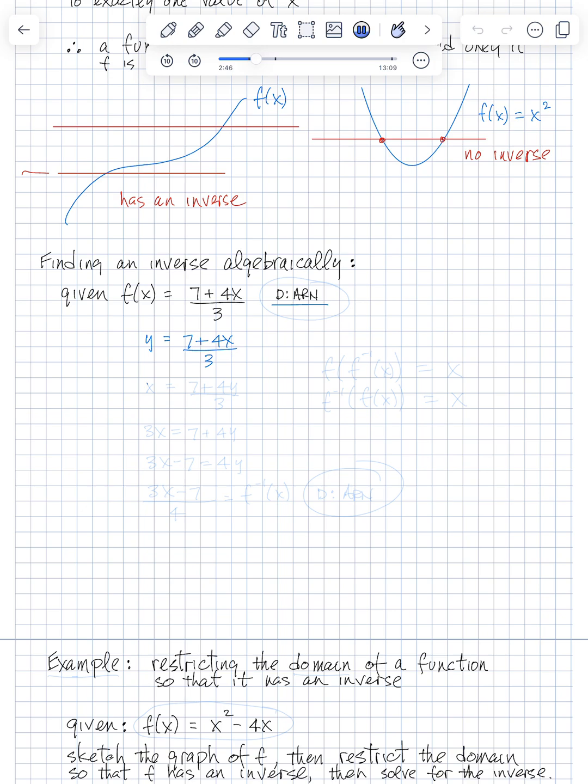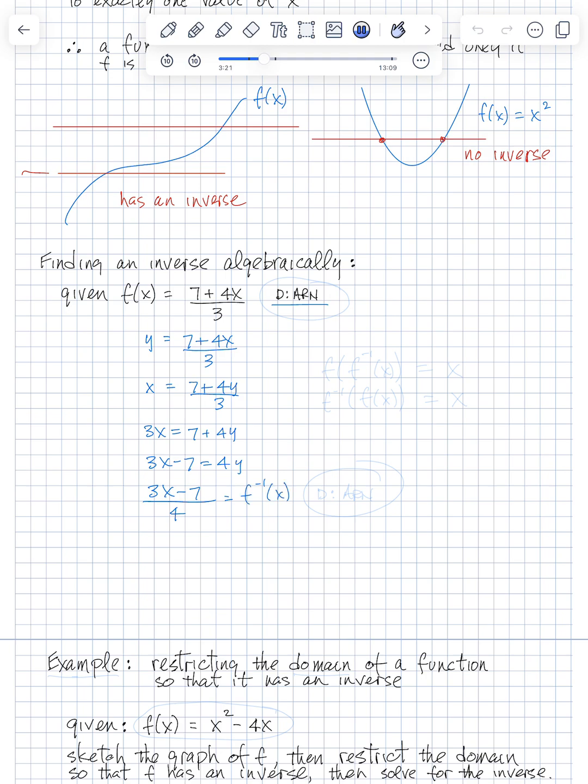Switch x and y. x equals (7 plus 4y) over 3. So we're going to multiply by 3. 3x equals 7 plus 4y. Subtract 7. 3x minus 7 equals 4y. Then divide by 4. (3x minus 7) over 4. That's our f inverse of x.